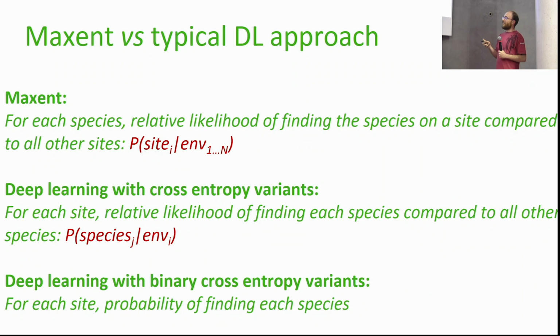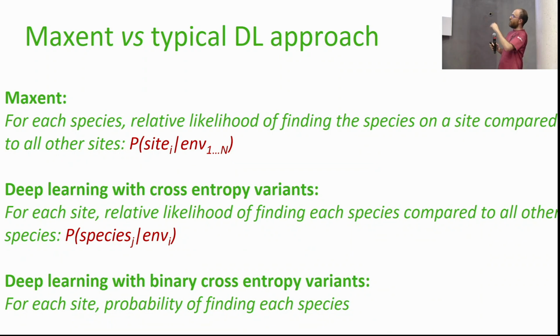So in Maxent, what we're trying to model is the probability, given a species, of selecting one site given the environment of all sites, while in the classical cross-entropy based deep learning approaches that are mostly used, it would be the probability of finding a species in a site given the environment of that particular site. So even though it looks very similar, in the end it's two very different objectives that the two types of approaches are seeking, right?